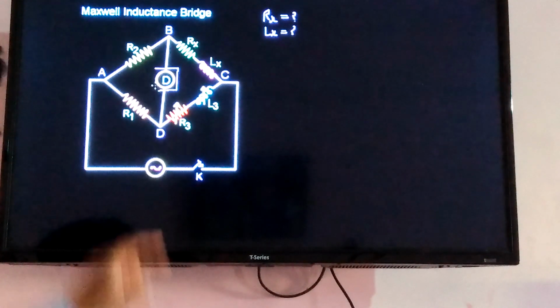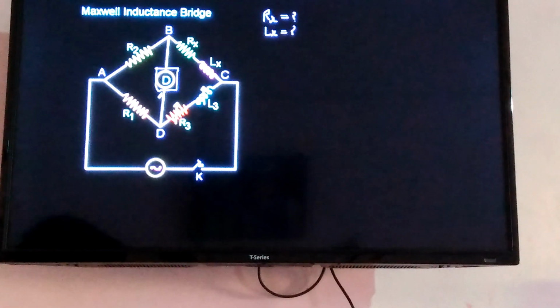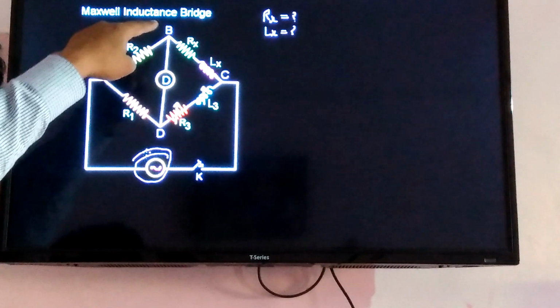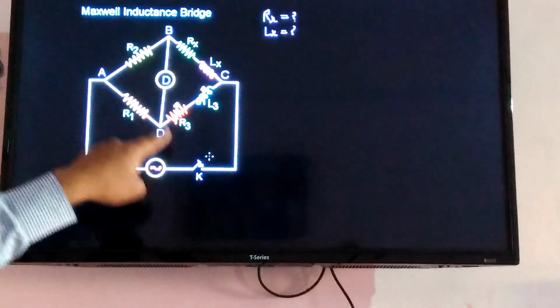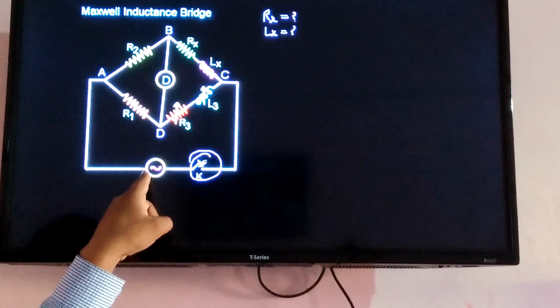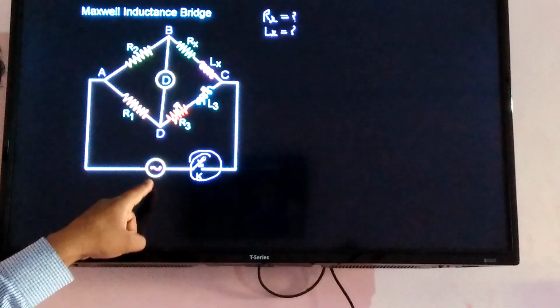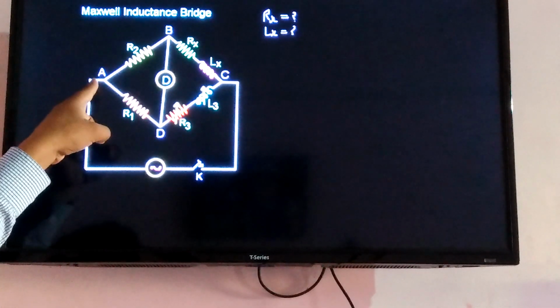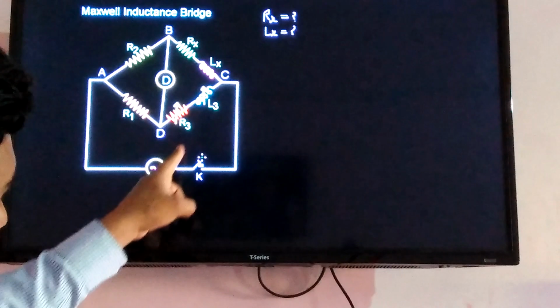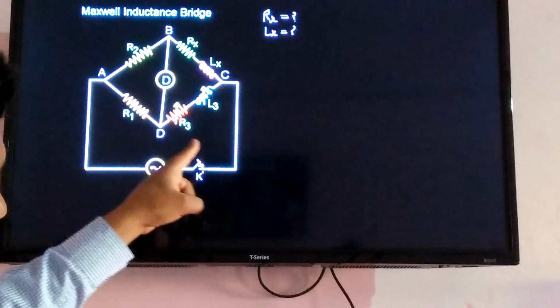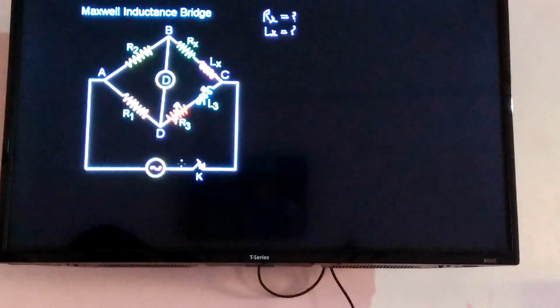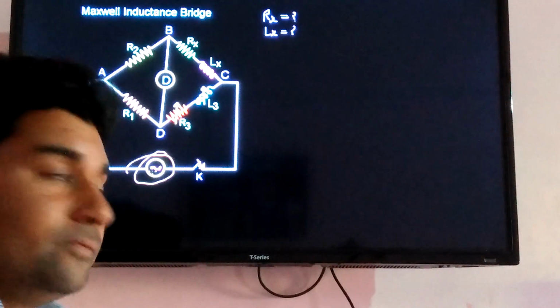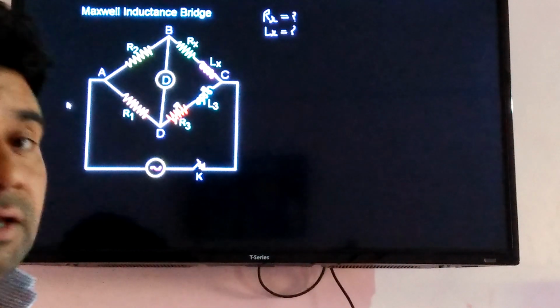There is a detector denoted by D between the terminals B and D. Here is a battery, which is also connected between the other two terminals A and C. There is a tapping key denoted by K, which is used to open and close the circuit.